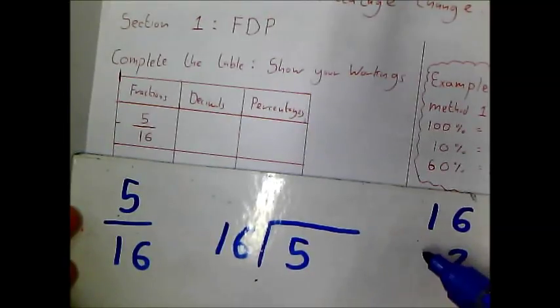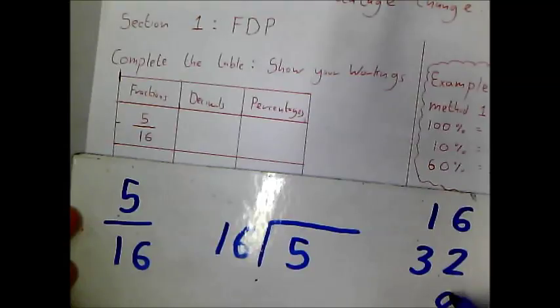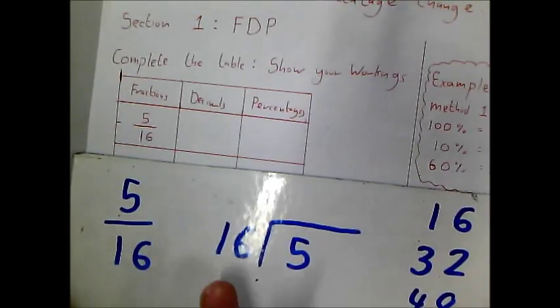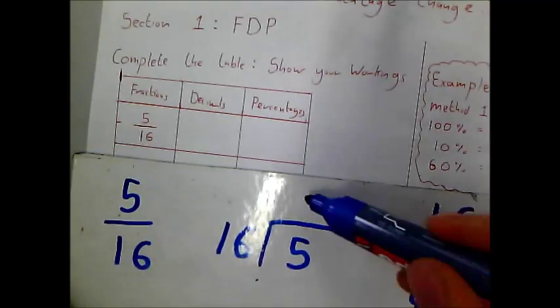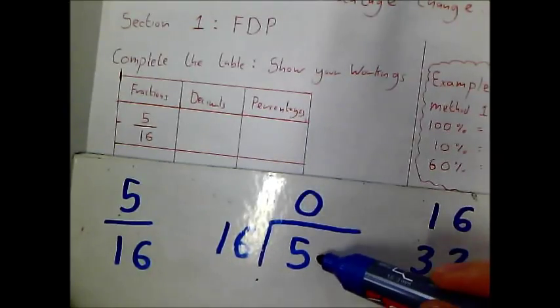So 16, 32, and I'll just do one more, 48. Now 16s into 5 goes nothing.